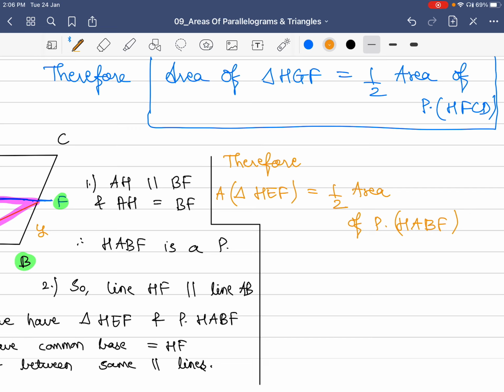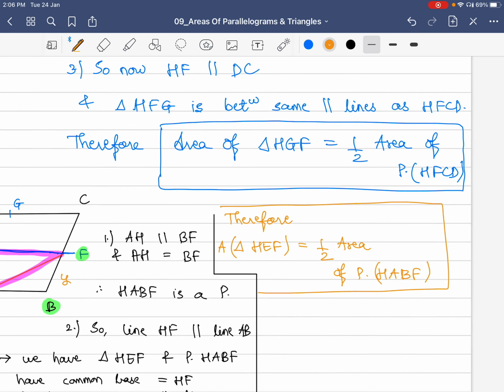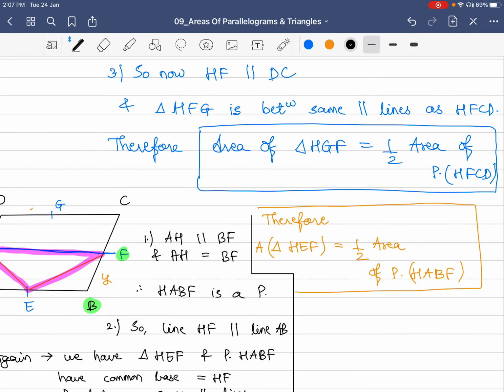This is an important conclusion. Second important conclusion in our proof. So I'm going to box it. So these two important conclusions we have: area of triangle HGF is half of HFCD, area of triangle HEF is half of HABF.